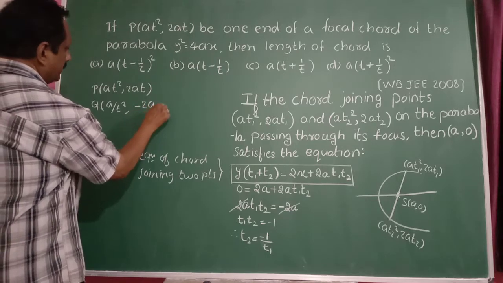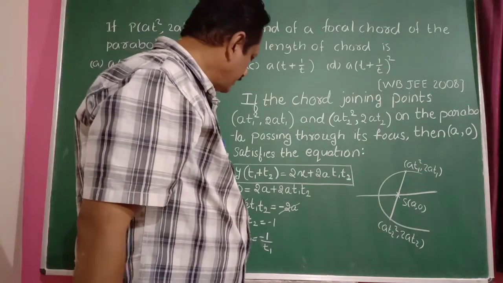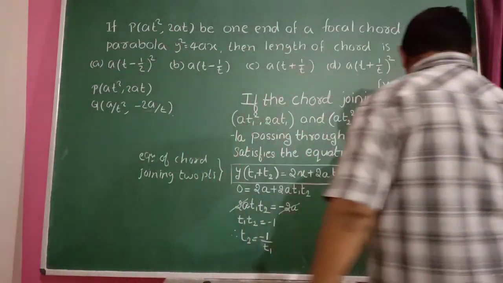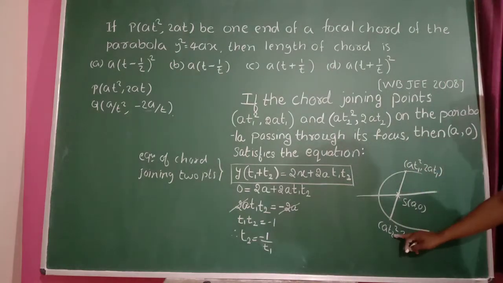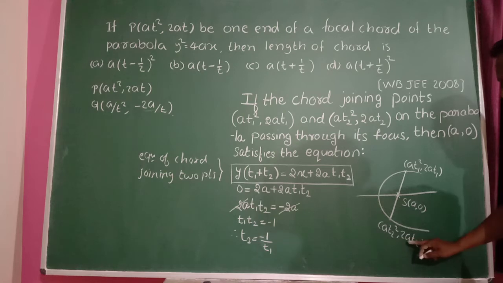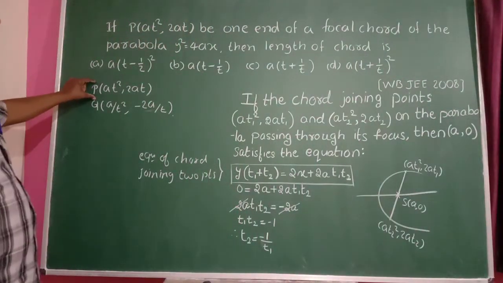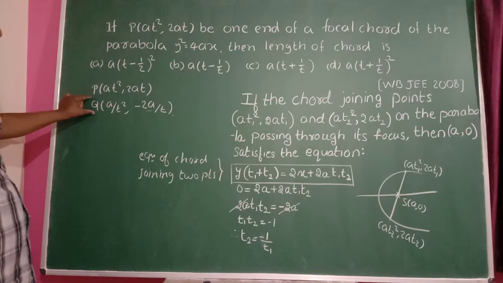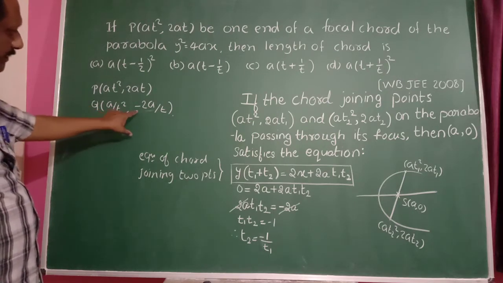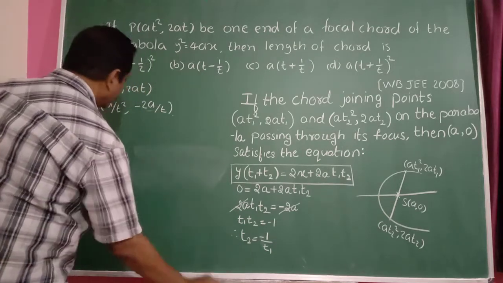According to this result, if t2 is minus 1 by t1, the point becomes (a by t1 squared, minus 2a by t1). So one end is (at squared, 2at) and the other end of the focal chord is (a upon t squared, minus 2a upon t), using this result.